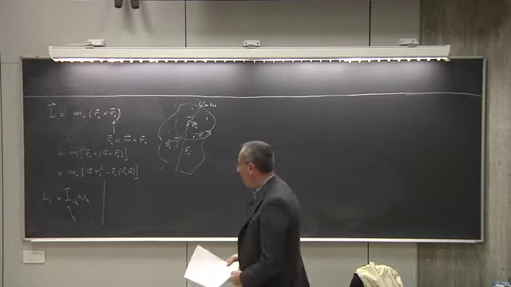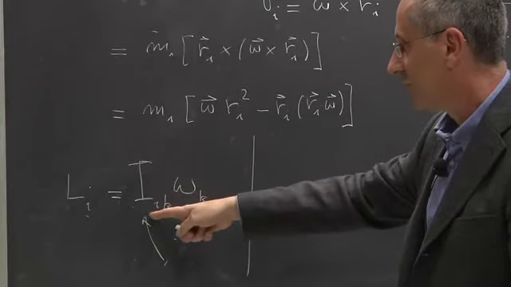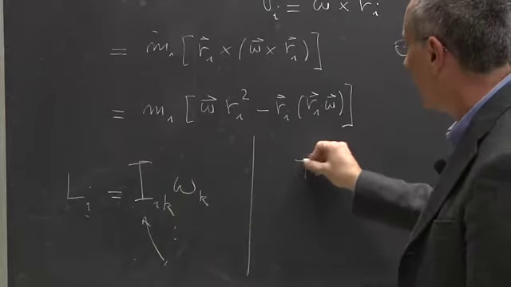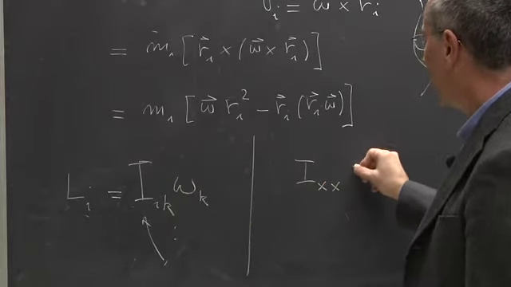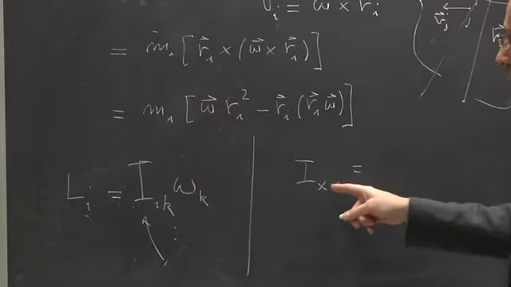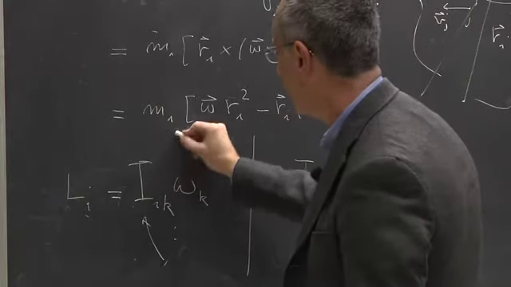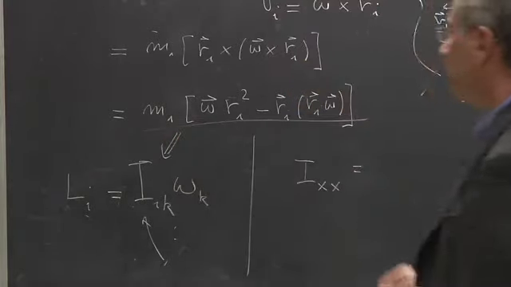So I can look at a particular component of this. This is a 3 by 3, so I can look at the component in the x direction, the 1,1 component of this tensor. What is that? Well, I see this by inspection from the general definition.